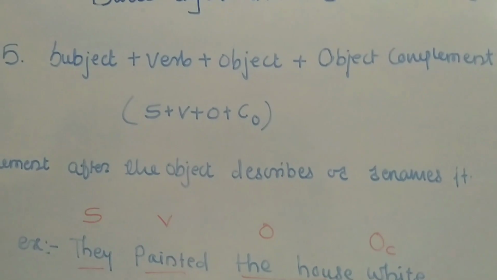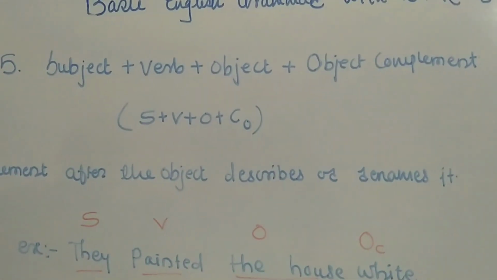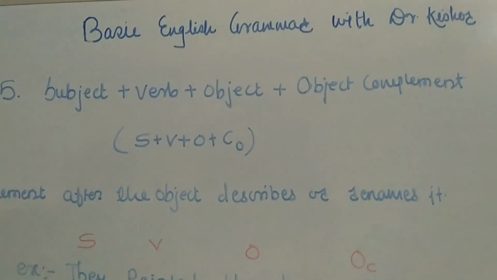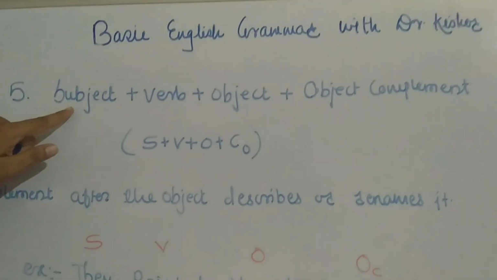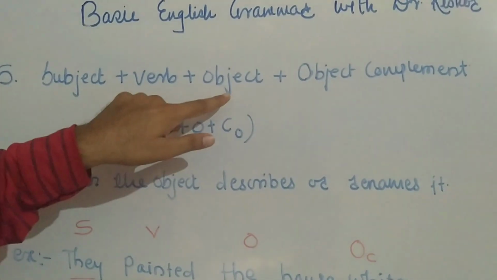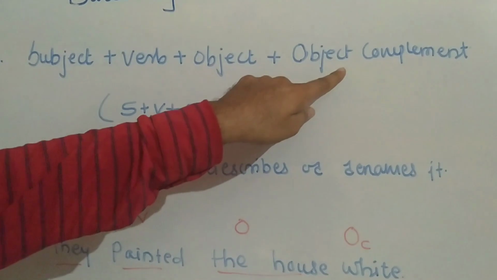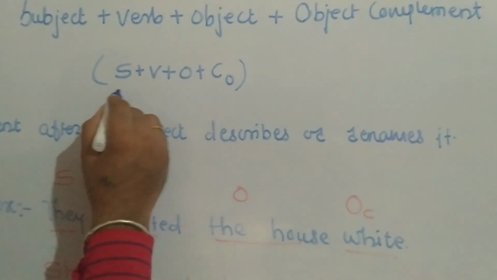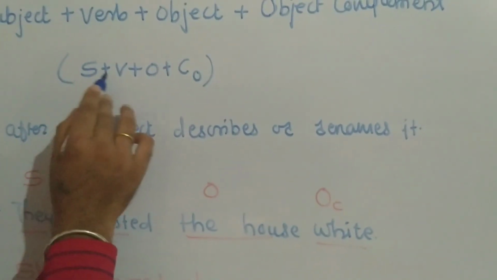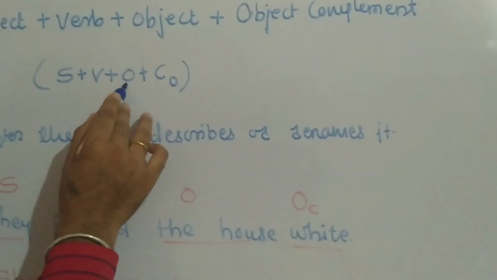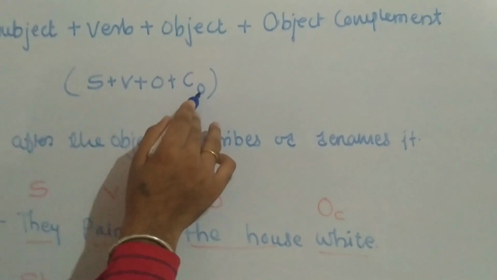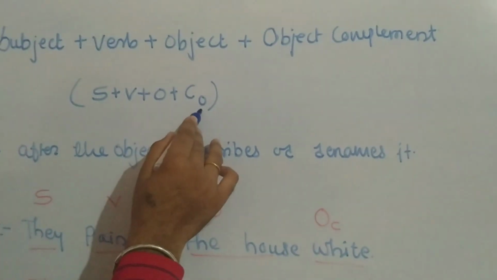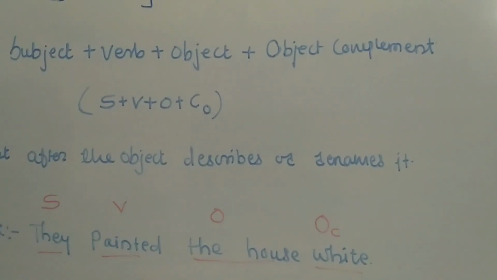Now friends, the fifth sentence pattern is subject, verb, object, then object complement. The structure is like this: subject, verb, O for object, and CO. CO stands for object complement.